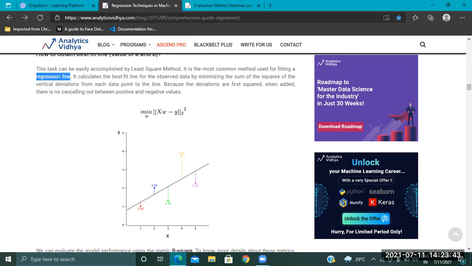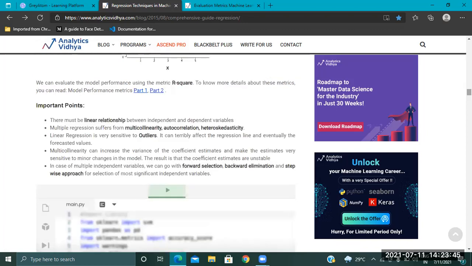Next, we will go for important points in linear regression, or linear relationship. What do we mean by linear relationship? It must be between the independent and dependent variable. When we go for multiple independent variables, multiple regression problems come, which relate to our assumptions.